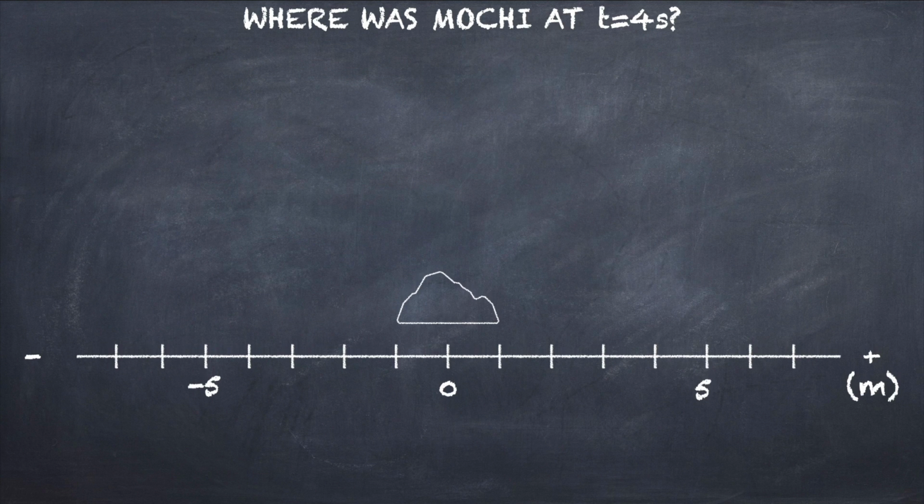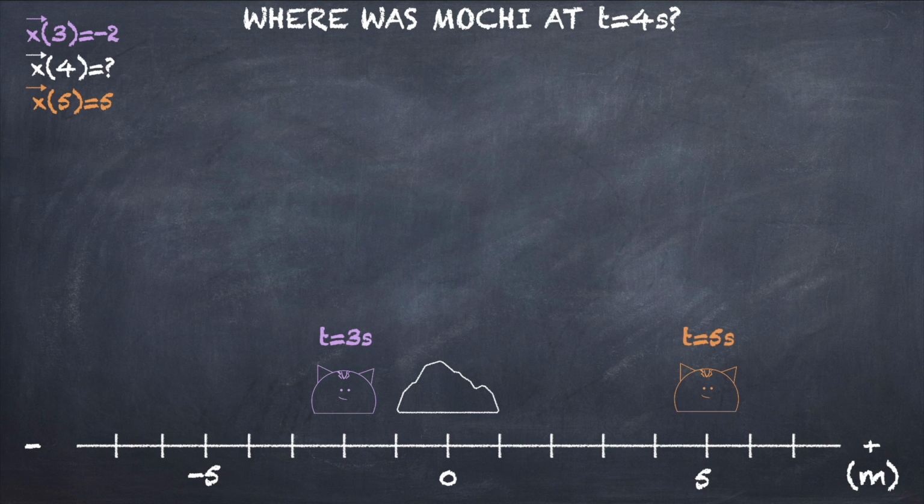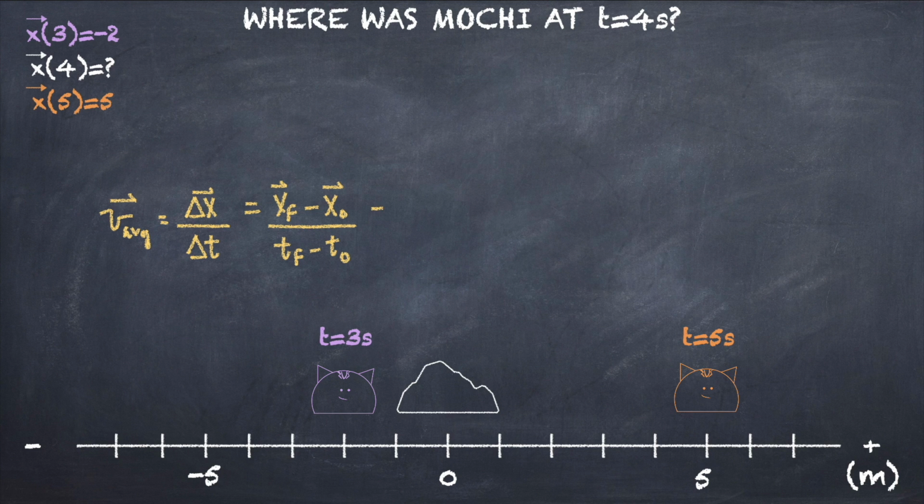Okay, so let's try it. We know that just before 4 seconds, Mochi was at x equal negative 2 meters. We can estimate how fast he must have been going to get to his next known position. The average velocity is equal to displacement over the change in time. This is equal to the change in position, x final minus x initial, over the change in time.